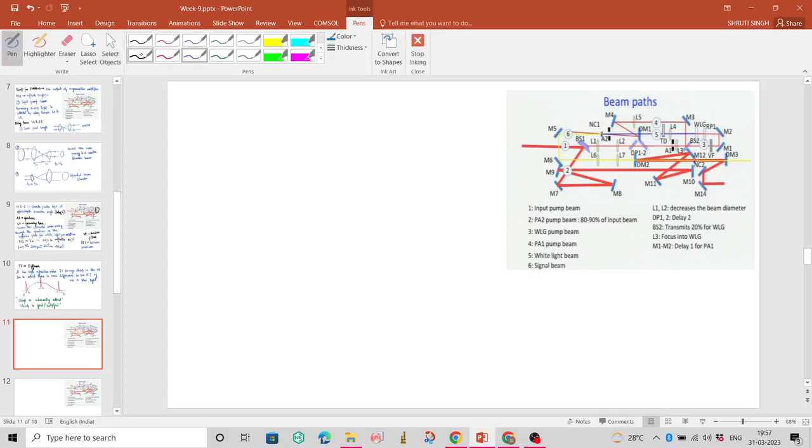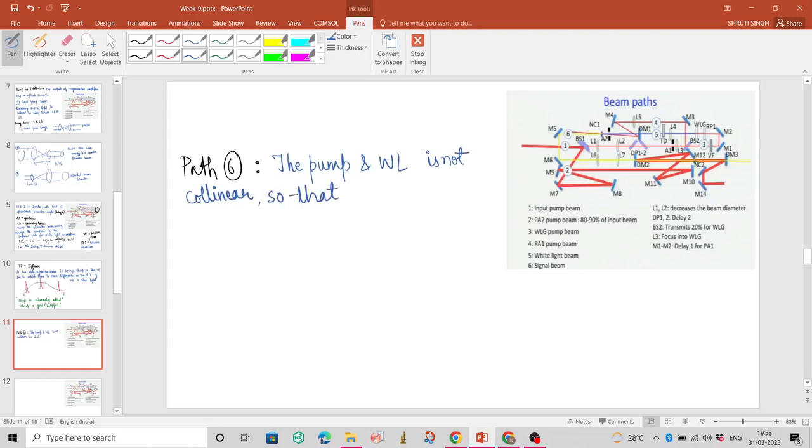Now this is the part 6 of the setup. Here the pump and white light are not collinear.